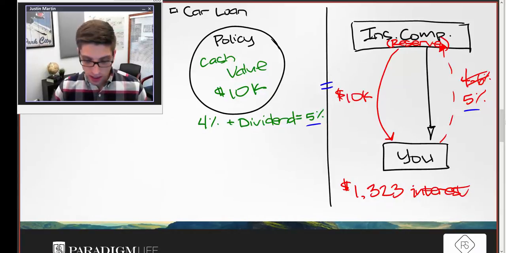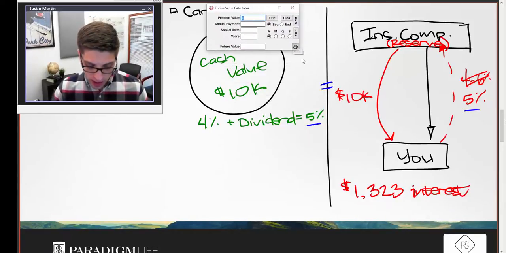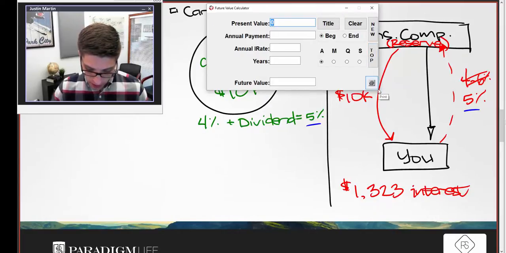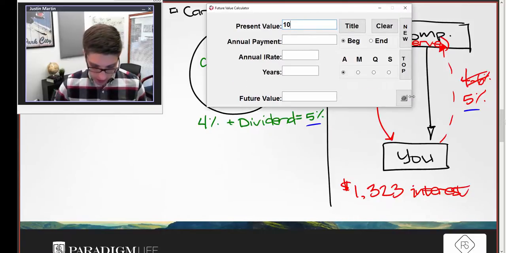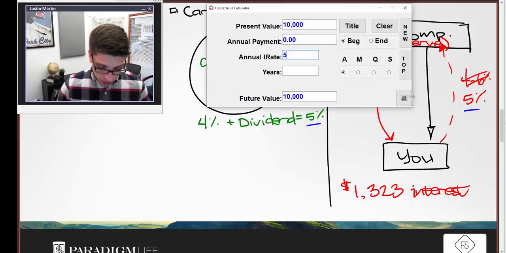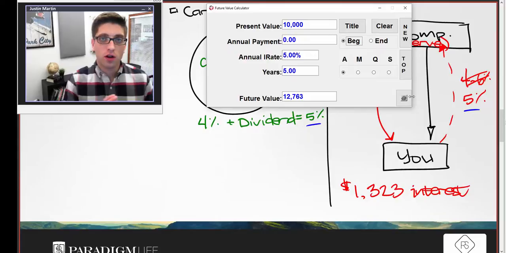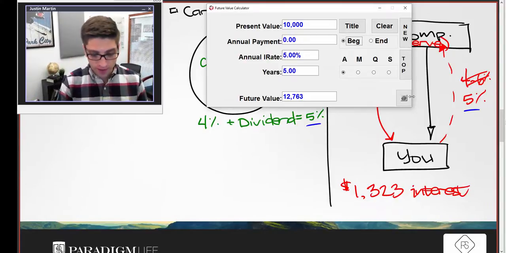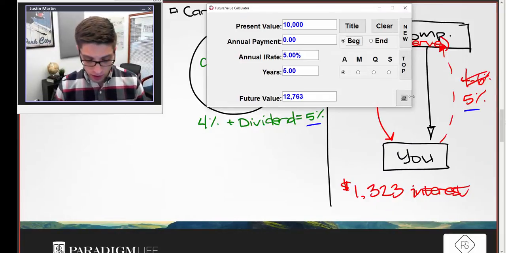So now we want to say, okay, you had $10,000 sitting inside of your insurance policy growing that whole time. If we had $10,000 at an annual interest rate of 5% per year, again, 4% guaranteed growth plus our dividend, so we're saying 5%, over that same 5-year period your $10,000 inside of the insurance policy, that cash value just grew from $10,000 to $12,763.